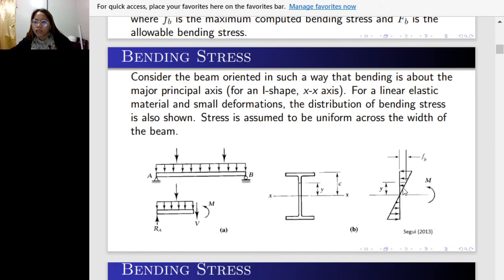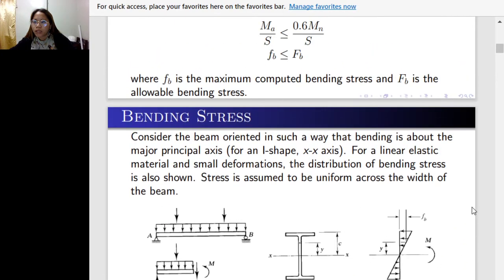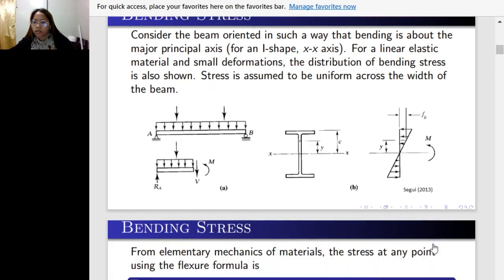Above the neutral axis is in compression, represented by this direction of the arrows, and below the neutral axis is in tension. So this is the bending stress caused by the applied loads.